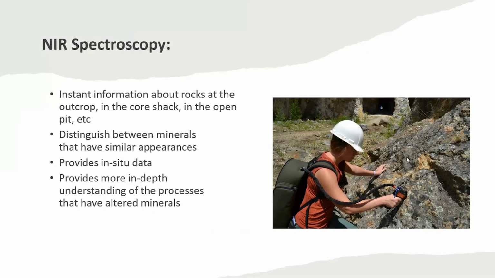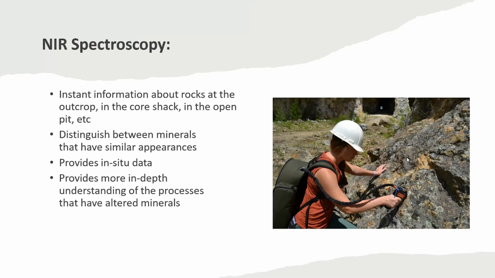All right, so let's get into what kinds of things you can do with a field spectrometer. By using one of these instruments, either in the lab, core shack, or in the field, you get instant information about the rocks at the outcrop, or maybe you're taking measurements in the open pit.